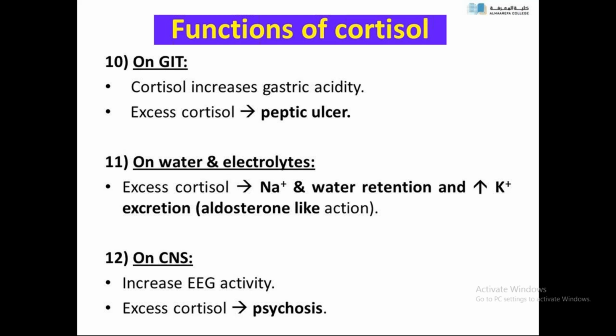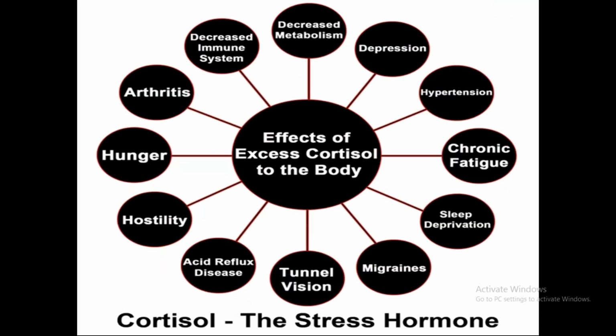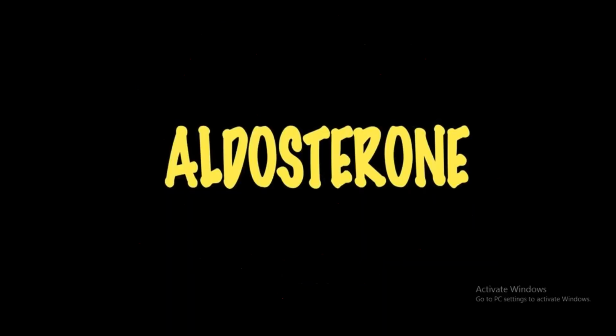Excessive cortisol also causes retention of water and sodium, increases potassium excretion, and causes psychosis. So go through the effects of excessive intake of cortisol. I already explained it causes arthritis, hunger, obesity, acid reflux, tunnel vision, migraine, sleep deprivation. Excessive intake of cortisol is not at all advisable.